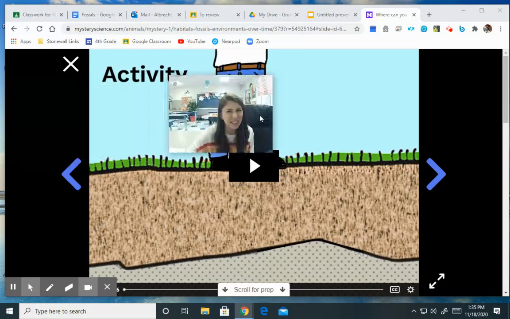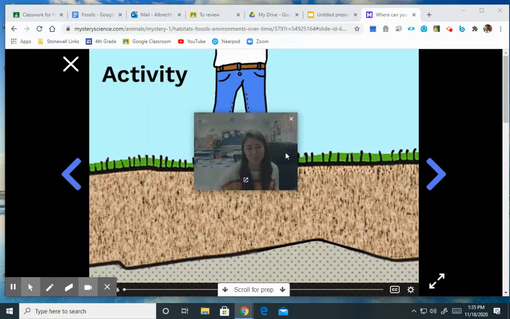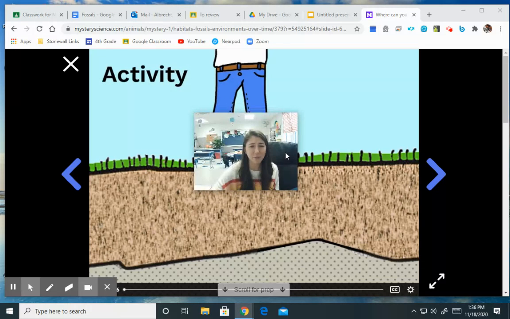So I want you to just think about that. And that's going to be our exit slip today. Right now, Illinois is a grassland. But deep below the Earth's surface, we have found that there are fossils of creatures that seem to have features that would live in an ocean.